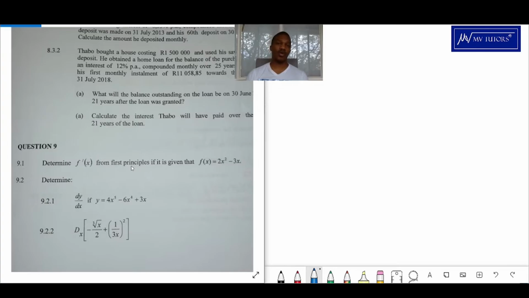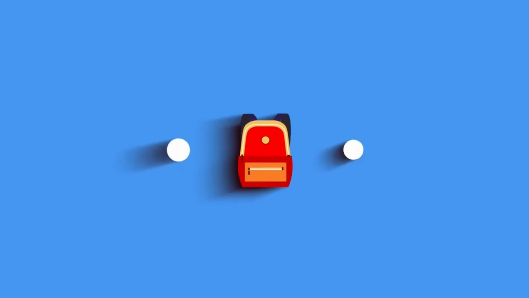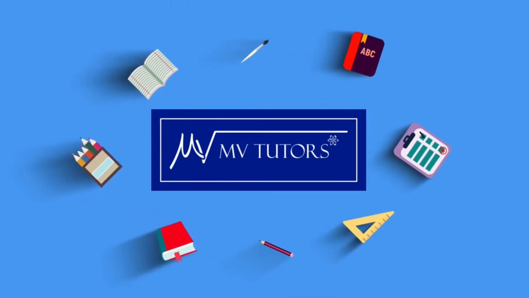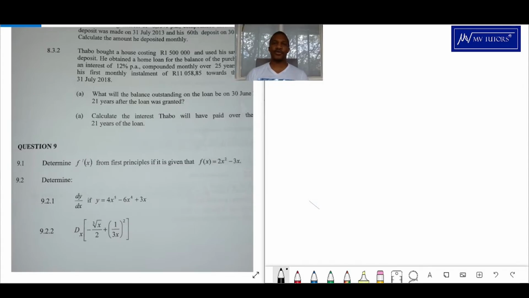We're now doing question number 9. Okay, so let's do question 9.1 now. 9.1 says determine the first derivative from first principles if it is given that f of x is that.